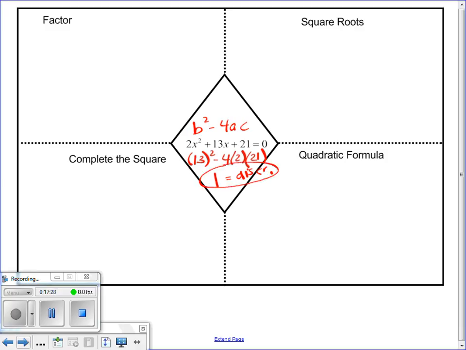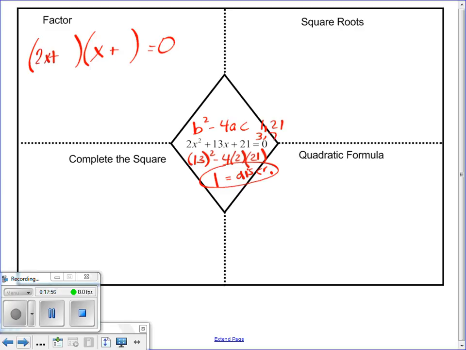Okay, so let's factor it. Is there a GCF? Nope. All right, set up your parentheses. What are your signs? Both plus. Options for A? 2 and 1, so 2x, 1x. Options for C? 1 and 21 or 7 and 3 or 3 and 7.